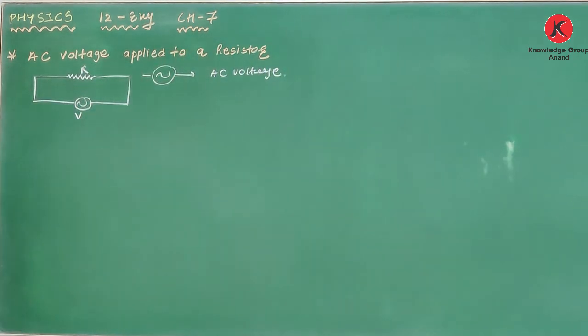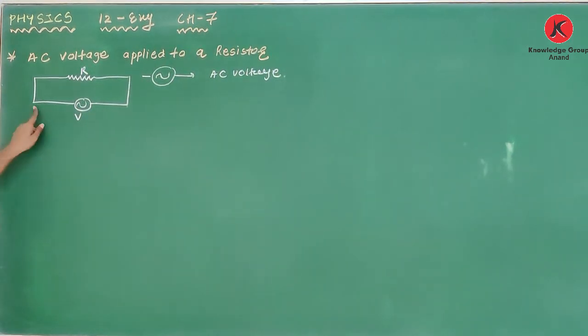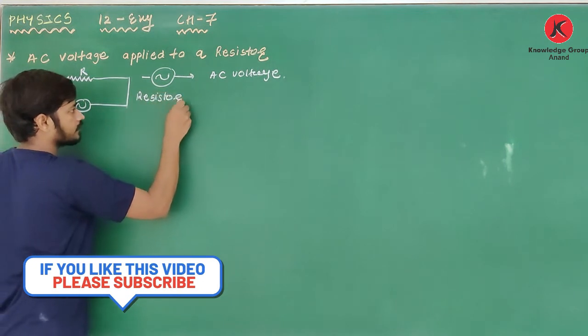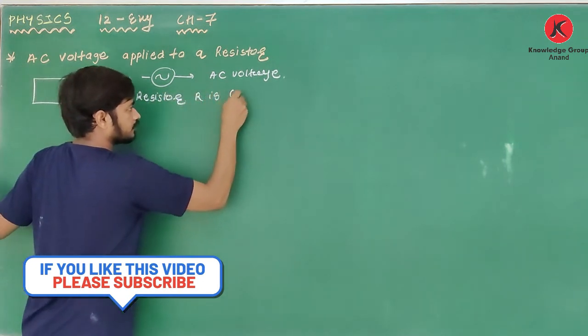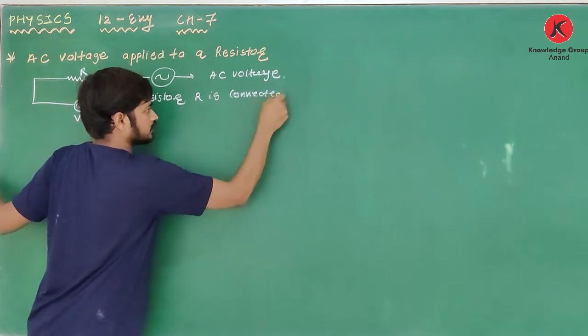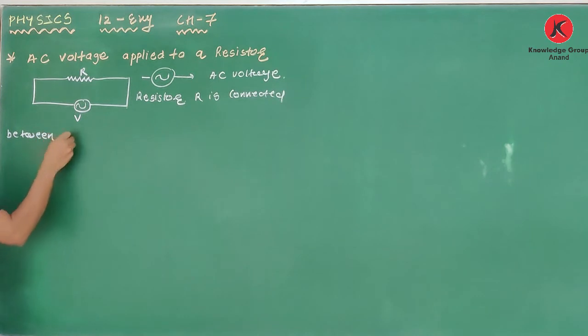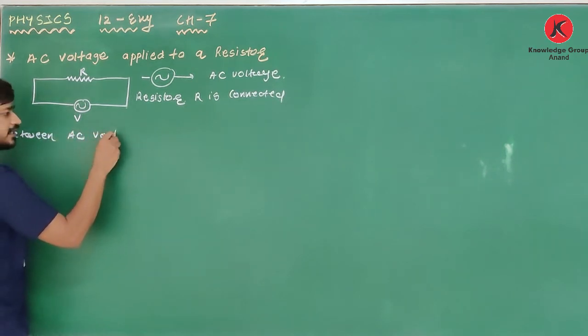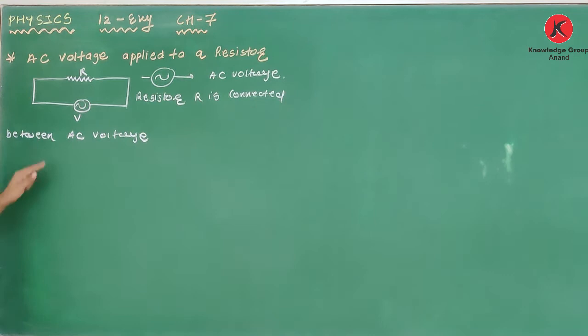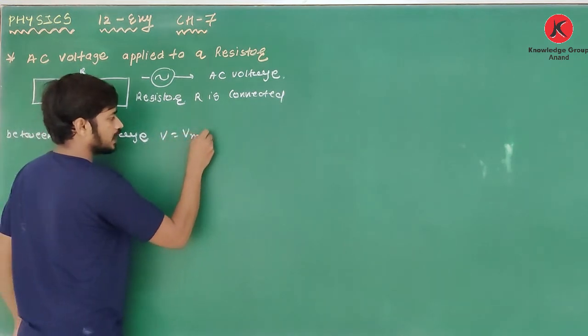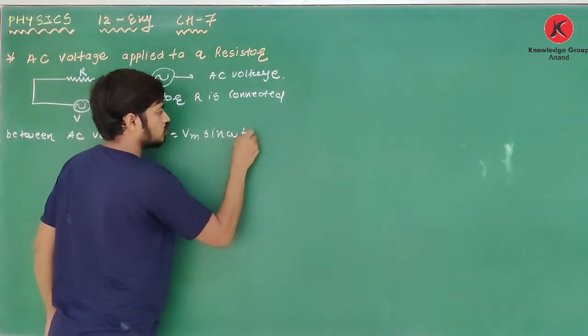So here a resistor is connected between the two ends of the AC voltage. We are assuming the AC voltage, meaning the potential difference between the two ends of this AC source, is V, and that V is equal to V m sine omega t.